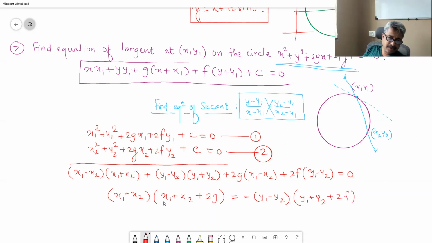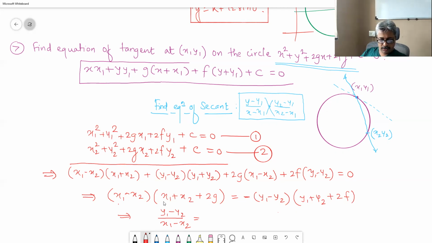Is that right? Good. This implies (y1 minus y2) upon (x1 minus x2) is equal to, this goes in the denominator. We are assuming the denominator is nonzero, x1 is not coincident with x2. Otherwise, we will get the tangent itself. As it is a secant, x1 is not equal to x2. Therefore, we can throw it in the denominator.